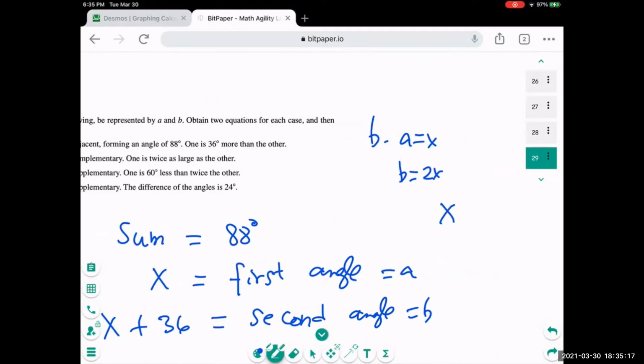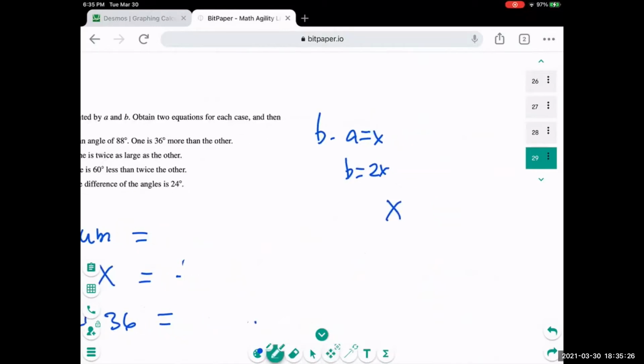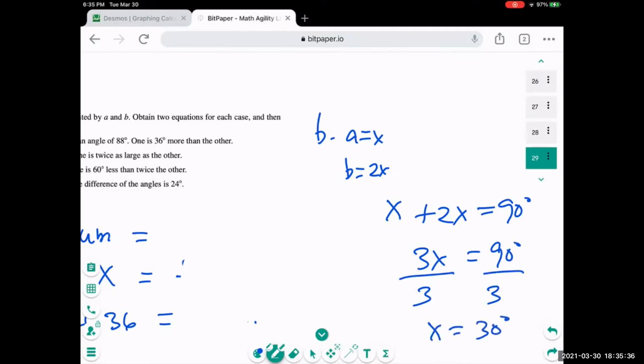So x plus 2x equals 90 degrees. So this is 3x equals 90 degrees. Divided by 3, x would be 30 degrees. So angle A is 30 and the other angle, which is complementary to it, would be 60 degrees. Okay?